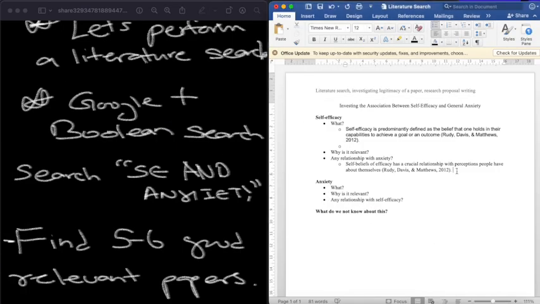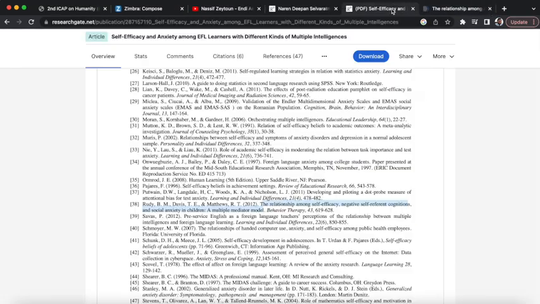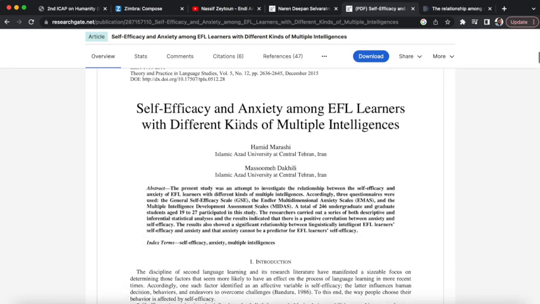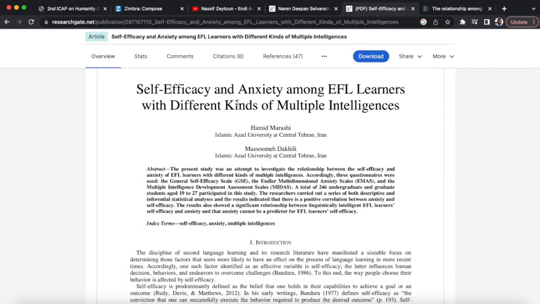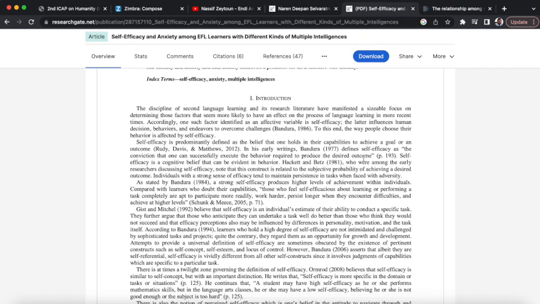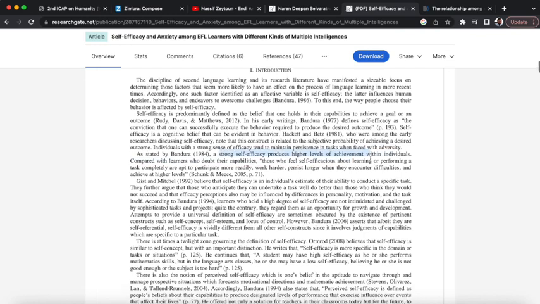Okay, so this is some information for me. Why is this relevant? This is relevant because self-efficacy has so much to do with these kinds of things. So I'm going to just find some literature for that. Let's find whether we can do something with the original paper that I first found. Self-efficacy and anxiety. So, the higher the efficacy, the higher the achievement.